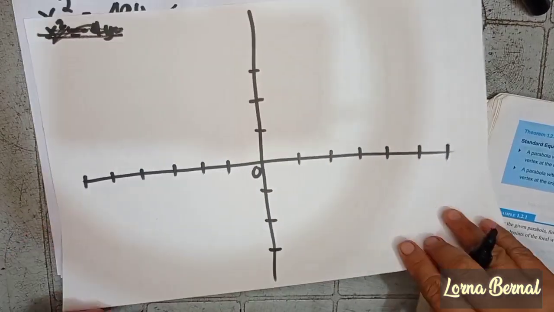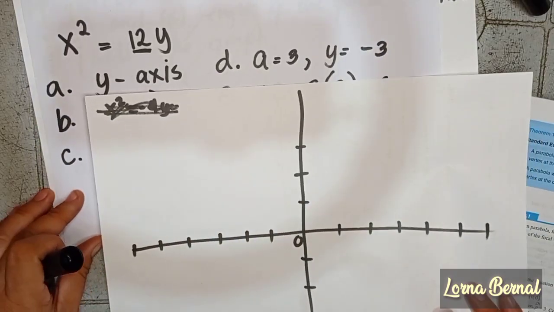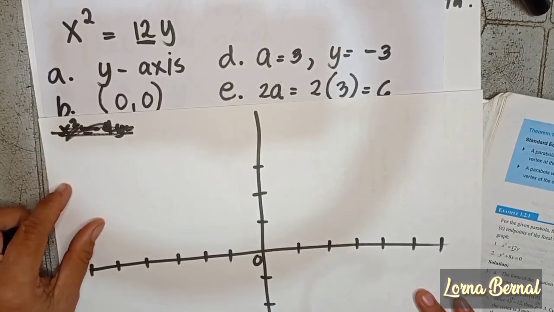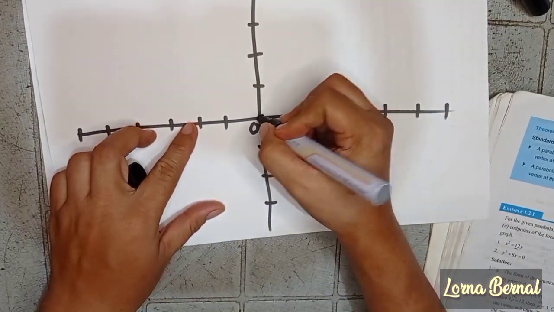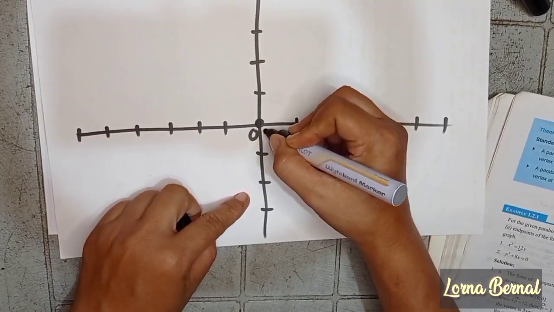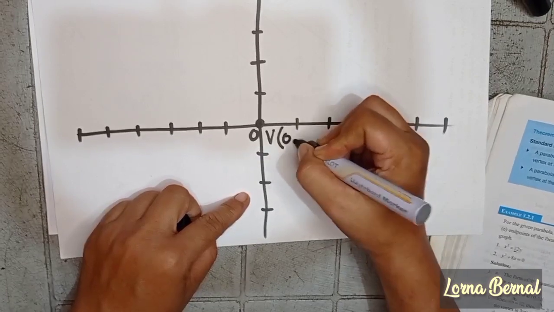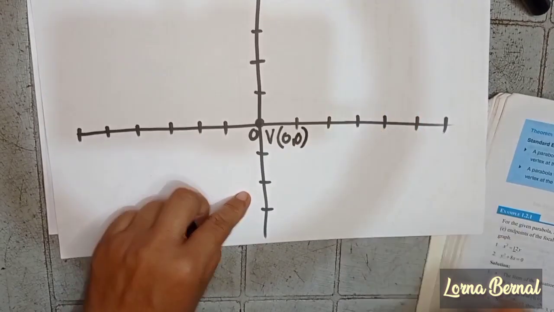Our vertex is at the point of origin, so this one here is our vertex, which is 0, 0.